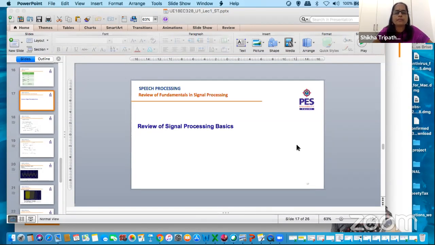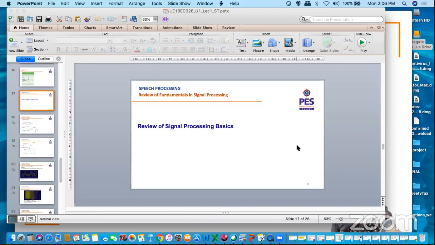I'm sure MATLAB you must be comfortable with, Python you must be comfortable with. Teaching those languages is not within the scope of this course, but whatever is taught here, you can always use those languages to implement them, which is the intention behind having those project assignments. Is that what you were asking?